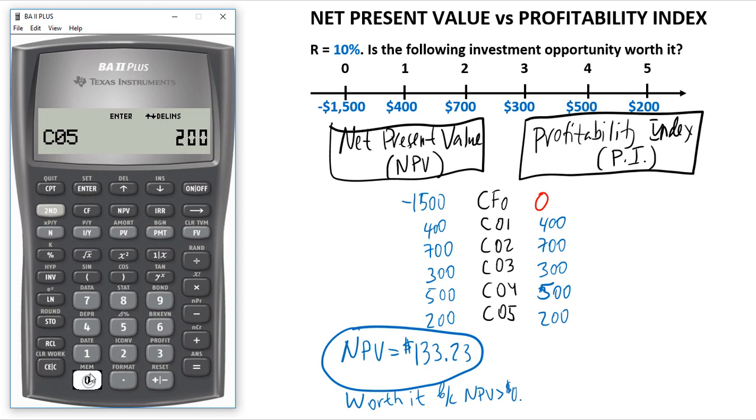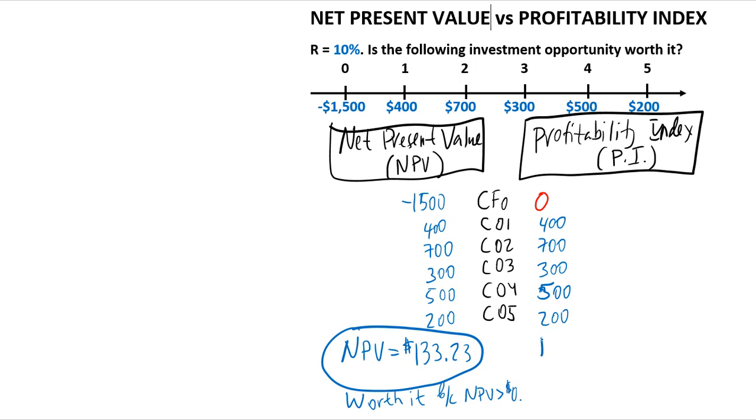And 200, enter, down, down. NPV, the interest rate is 10, enter, down, compute, $1,633.23. Okay, let's write it down.